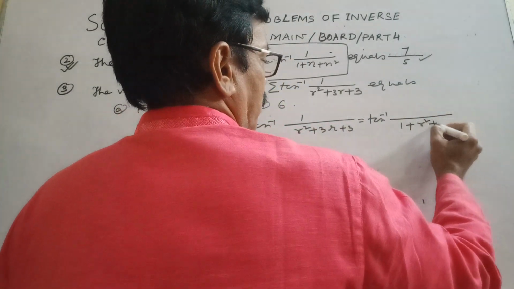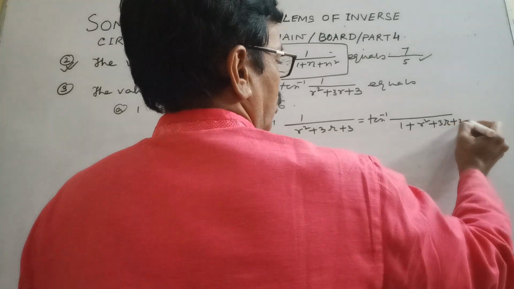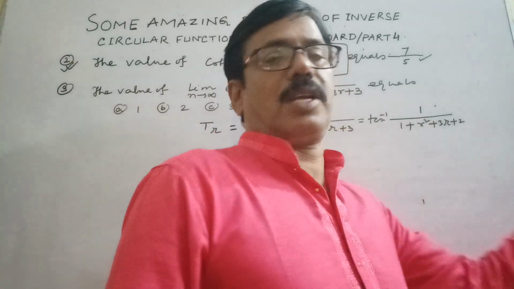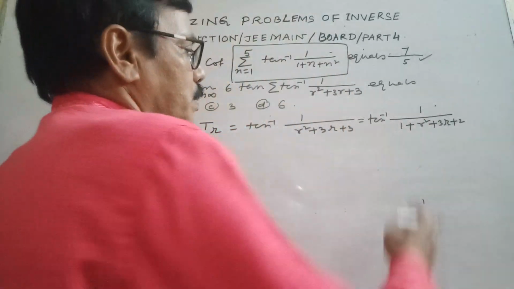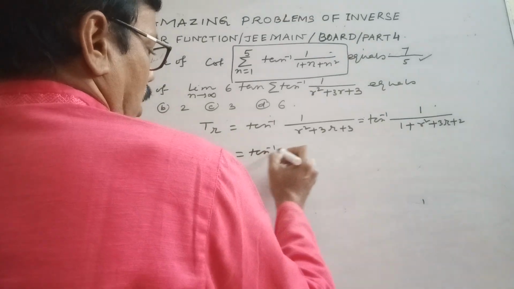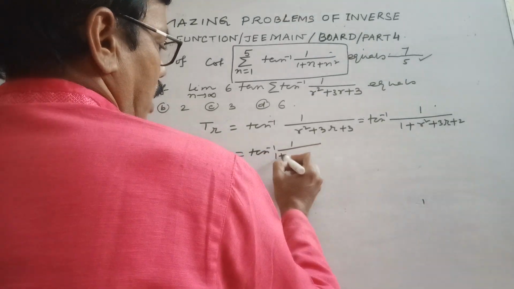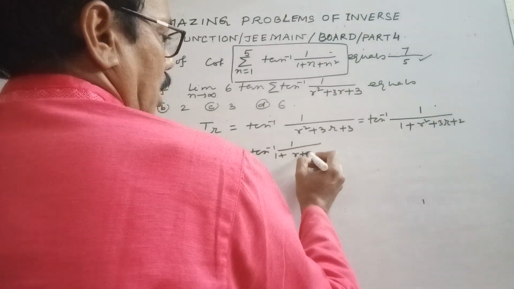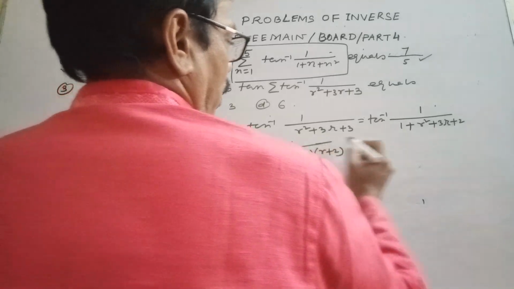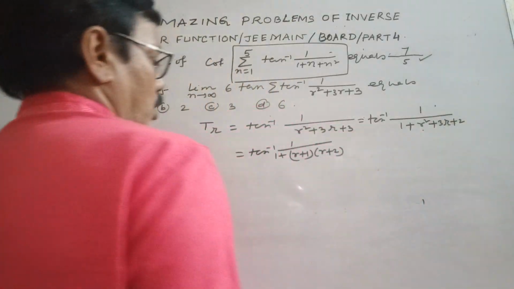So r square plus 3r plus 2, and this is 1. We must take here 1 plus x into y, so express it as a product of 2 terms. So 1 by 1 plus, this is (r plus 1) and (r plus 2). If you factorize this, you get this one.